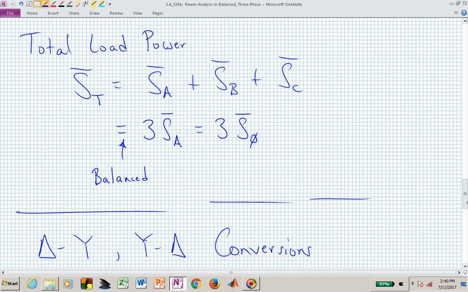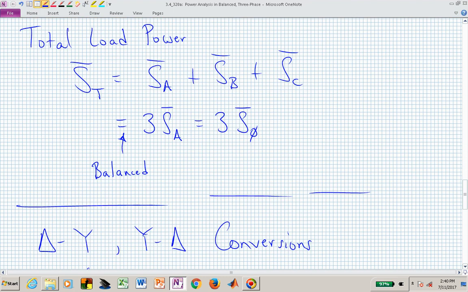Now, I hope you can sort of see that it might be helpful to understand or use conversions between delta to Y and Y to delta, either at the loads or at the sources.